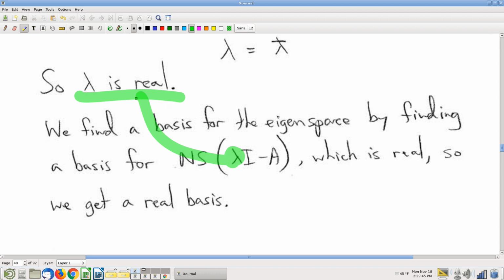You do a row reduction of lambda I minus A. Wait a second. If lambda is real, we know I is real. By assumption, A is real. We're therefore row reducing an entirely real matrix. Row reductions don't involve any square roots at any point. So if you start with a real matrix, when you row reduce, of course the results are all going to be real as well. And therefore you get your real eigenvectors too.